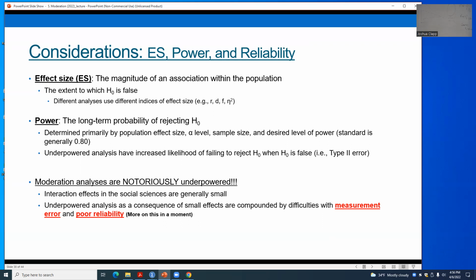But it's a more conceptual, theory-based argument than something flashing out there with a big sign, right? And so the effects that we're looking at with these types of interactions are generally quite small. And on top of the issues that we have with power all the time, in terms of not having samples that are adequately powered to detect our effects, we also run into problems with measurement error and poor reliability with our interaction terms, okay?